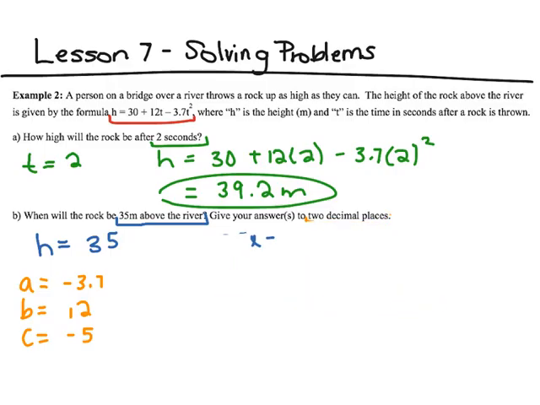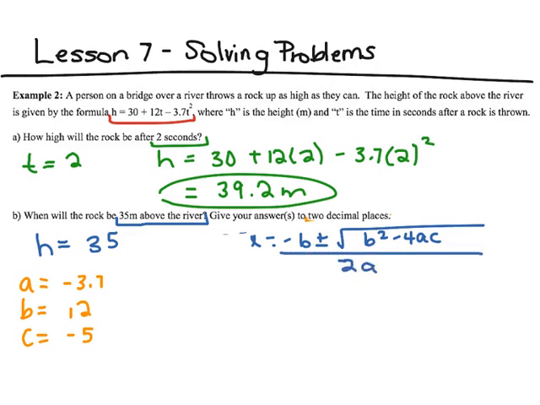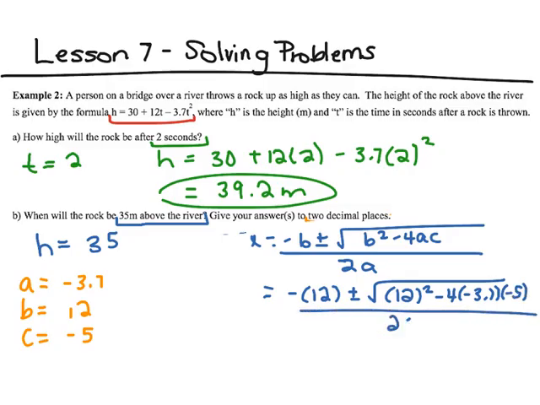So x is equal to negative b plus or minus the square root of b squared minus 4ac all over 2a. So you have negative 12 plus or minus the square root of 12 squared minus 4 times negative 3.7 times negative 5, all divided by 2 times negative 3.7.